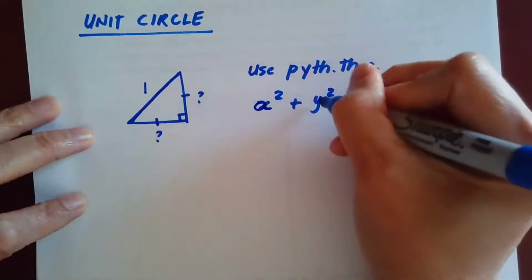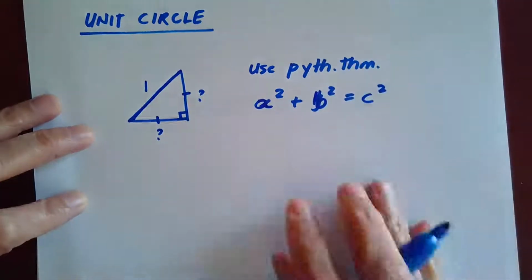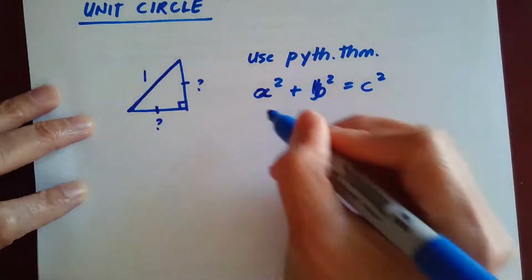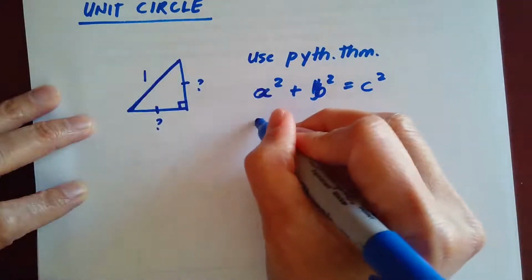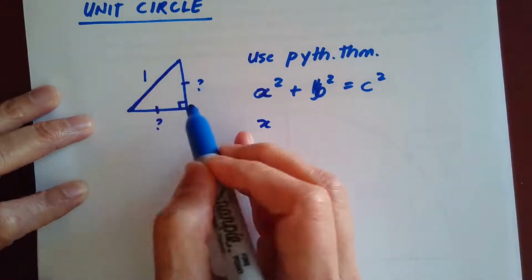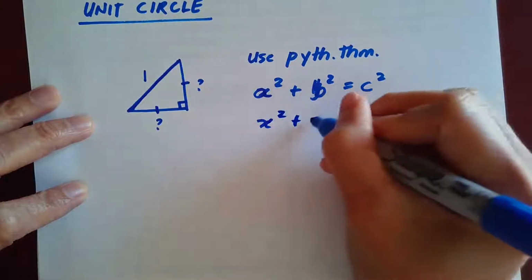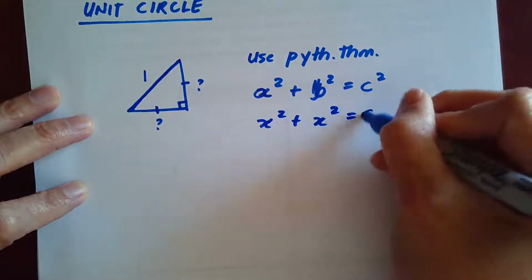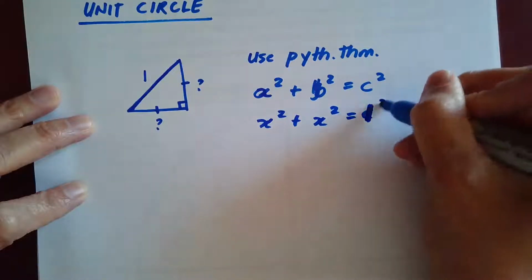I'll just use a squared plus b squared equals c squared. We don't know that value, x. Because this side and this side are the same, I'm just going to call them both x squared, and this is going to be equal to 1 squared.